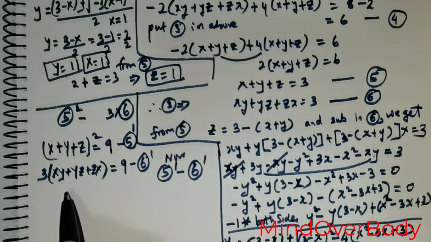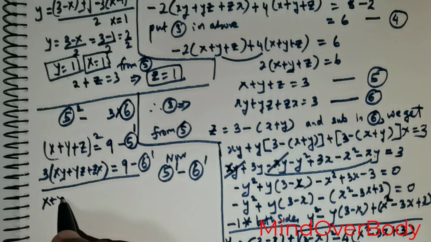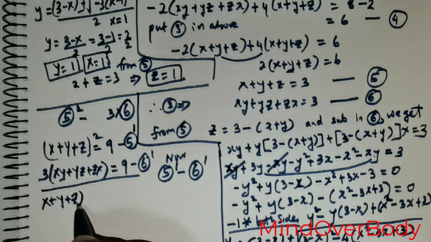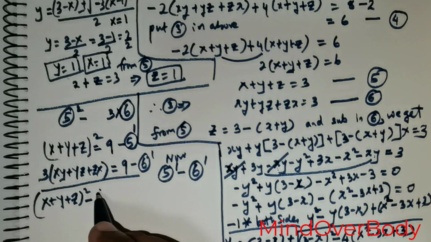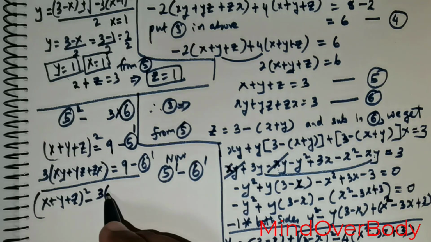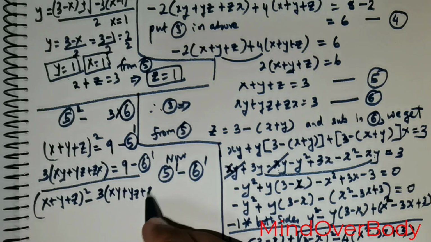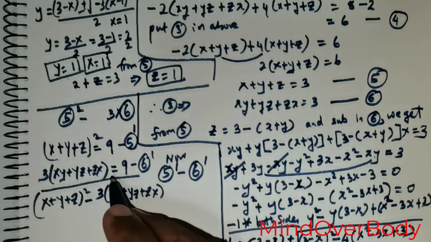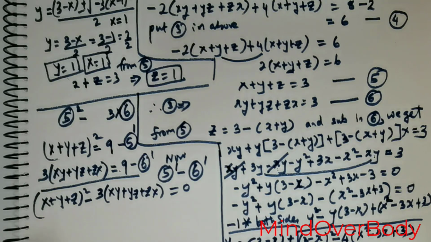If I do that, what would I get? I would get (x + y + z)² minus 3 times (xy + yz + zx), and of course this is going to be equal to 0. The 9 and the 9 get cancelled.